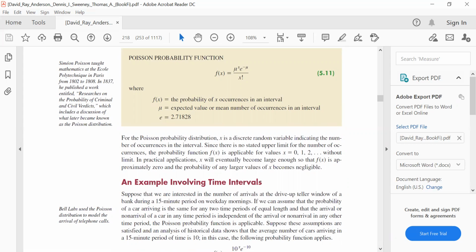Since there is no stated upper limit for the number of occurrences, the probability function f of x is applicable for values x is equal to 0, 1, 2, up to so on without limit.